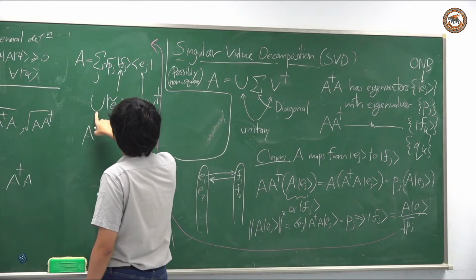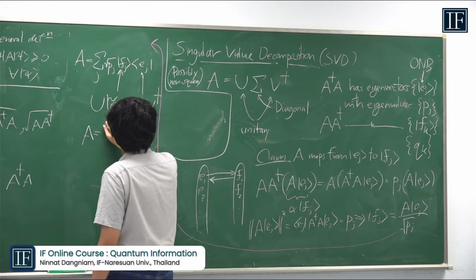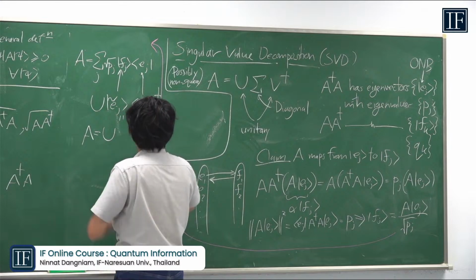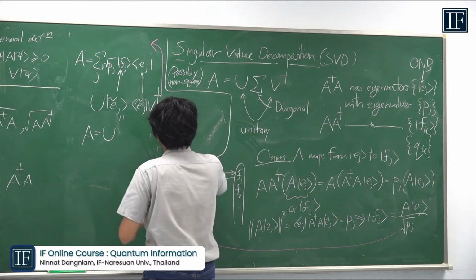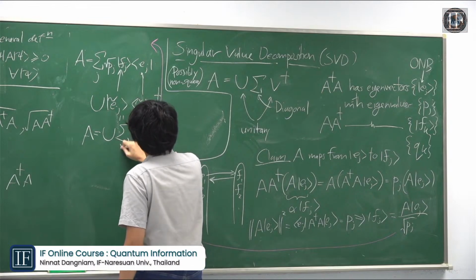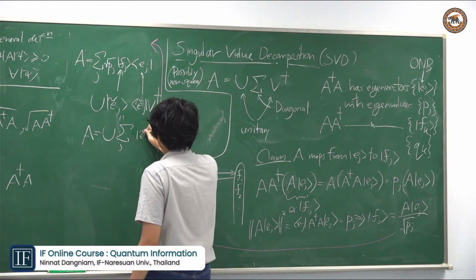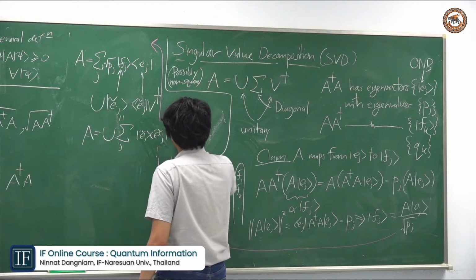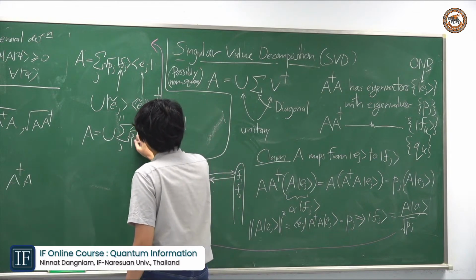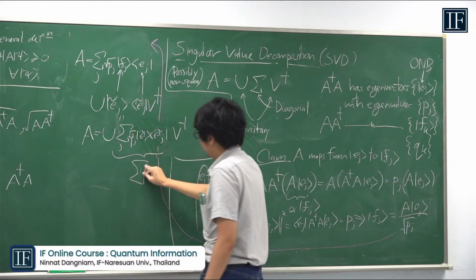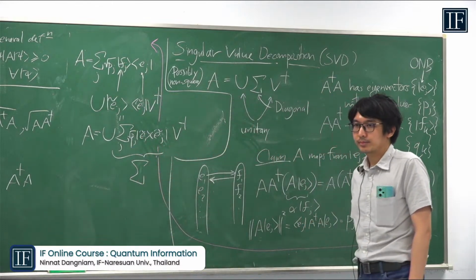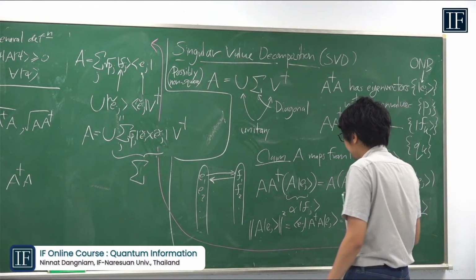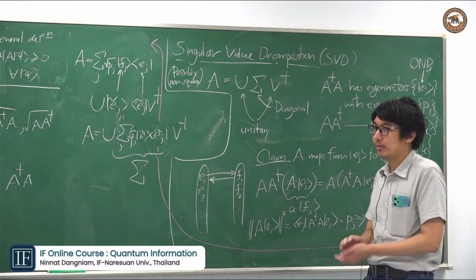So then I can write the whole thing as U, the diagonal matrix, V dagger.